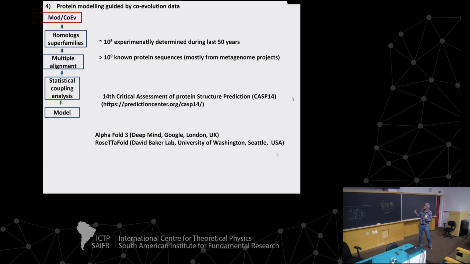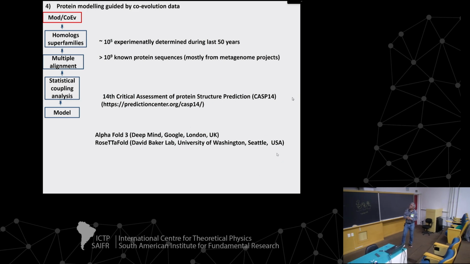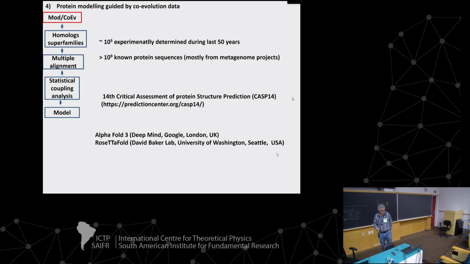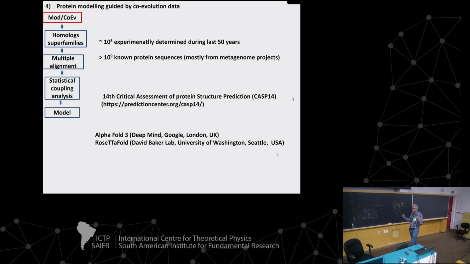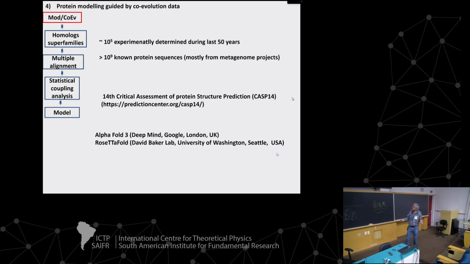But then, in the last 10 years, especially the last five or six years, several groups, led by the David Baker group at the University of Washington, and by the DeepMind group that had the computation power of Google, were able to use this huge amount of metagenomic sequence data to help them predict the structures of proteins.